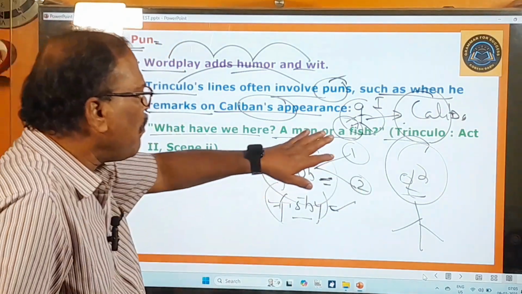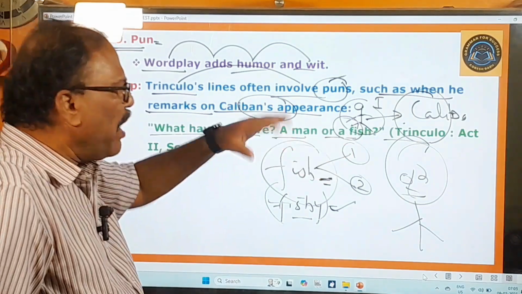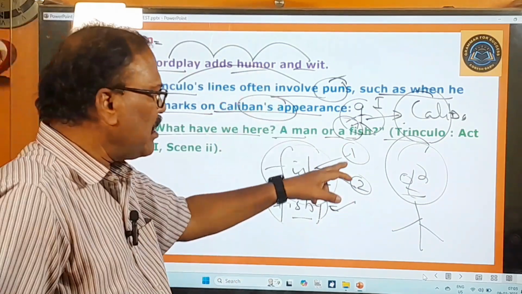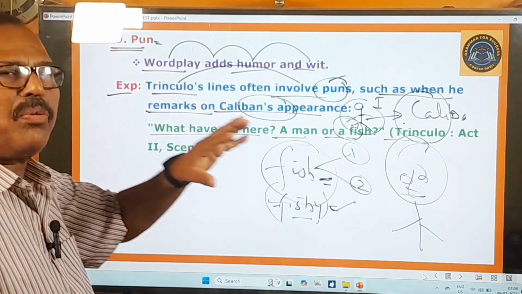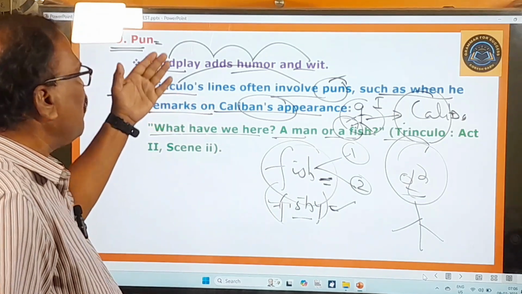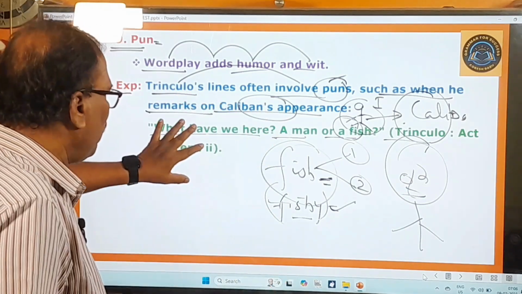In this way, the pun is played on this word fish. Pun means the humorous use of a word which has two meanings. In this way, you can find so many puns, especially when this Trinculo speaks in this drama. Only one example is given here.